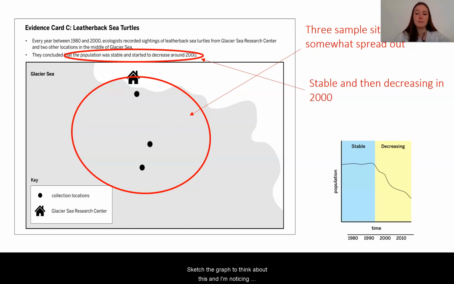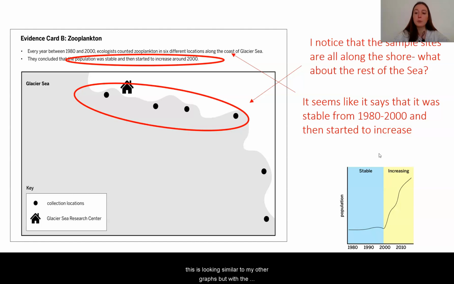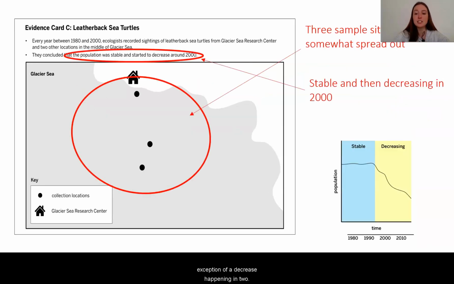I sketched a graph to think about this. And I'm noticing this is looking similar to my other graphs, with the exception of a decrease happening in 2000. It seems like a lot of changes were happening around 2000 in the Glacier Sea. And what does this all mean?